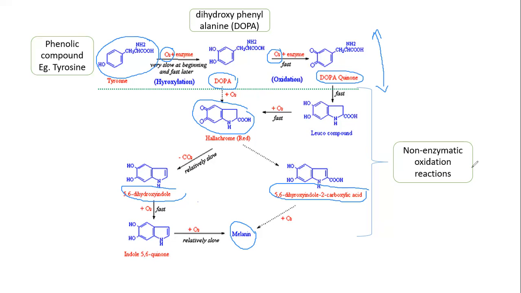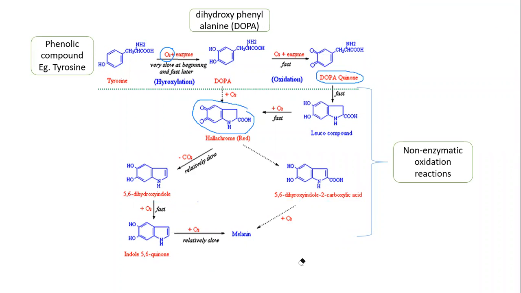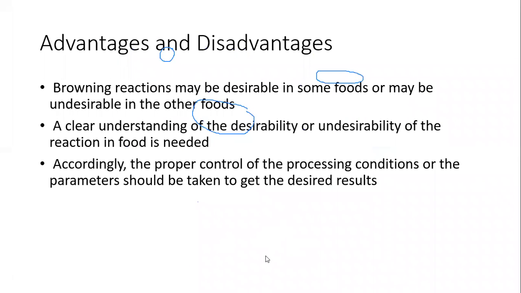So you see that the latter portion of the reaction sequence involves non-enzymatic oxidation. We'll see what are the advantages and disadvantages of browning reactions.